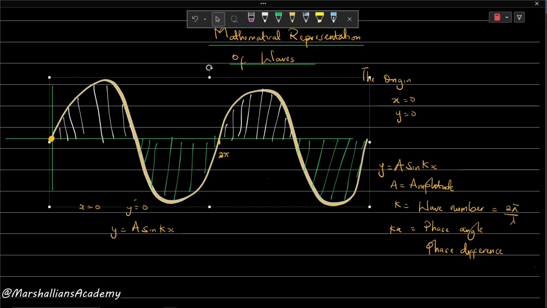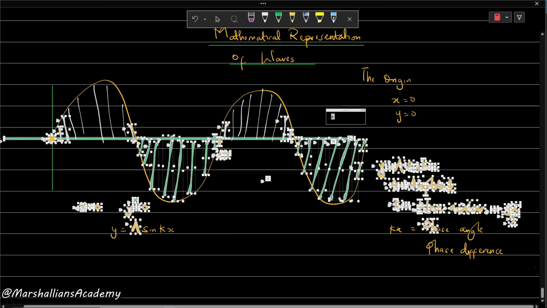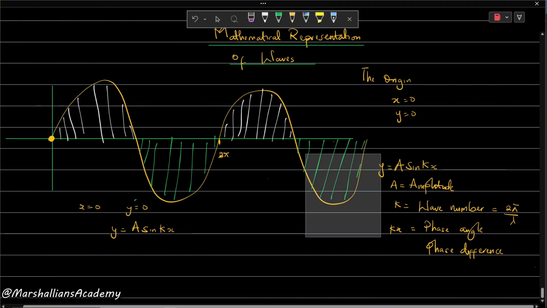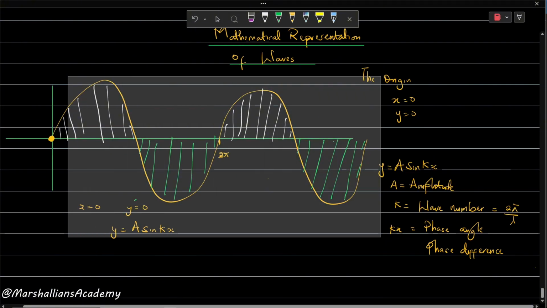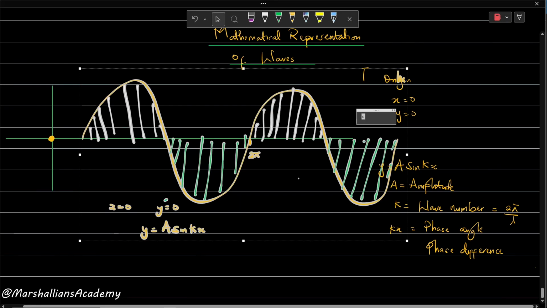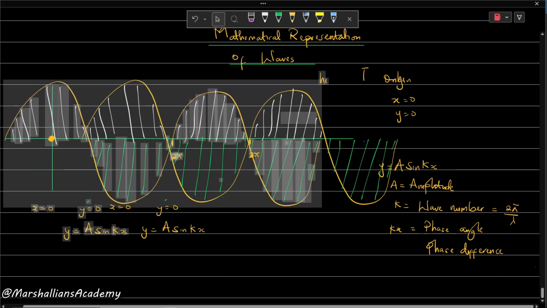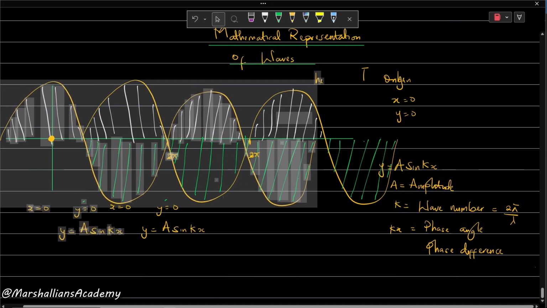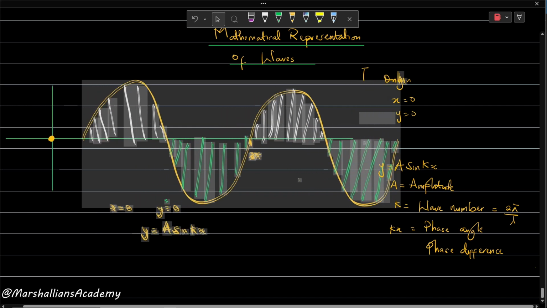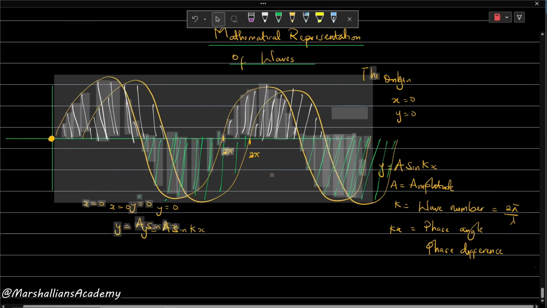Now it means the wave was either shifted forward like this or shifted backward like this. That's what it means to have a progressive wave. Look at it, the wave is moving forward. This is a progressive wave, moving out or moving in.